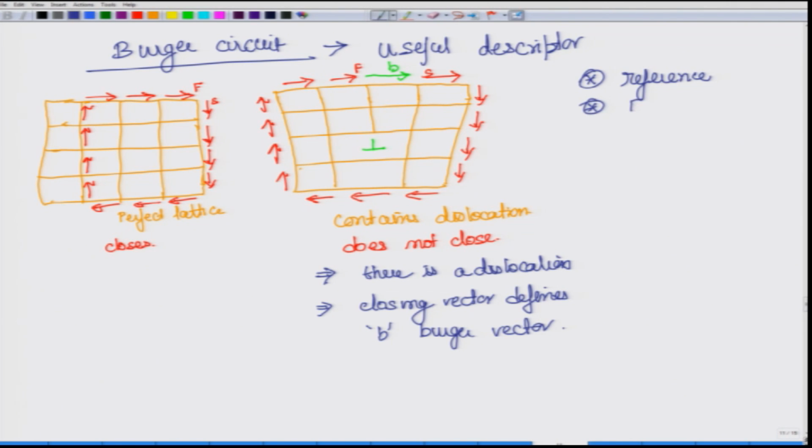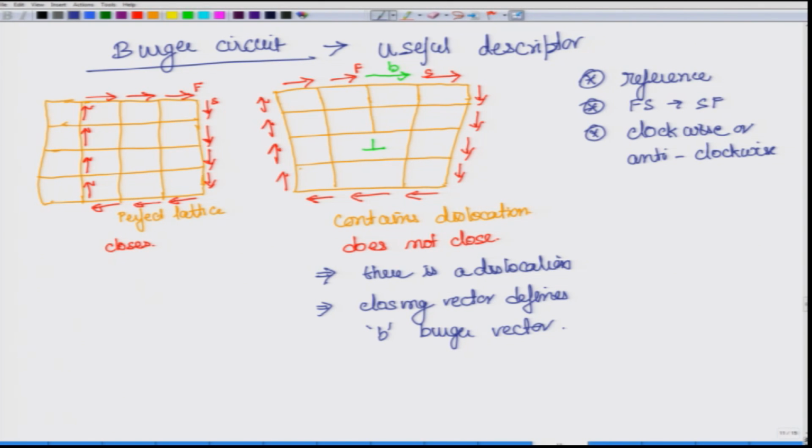Second will be whether you are talking about FS or SF, meaning finish to start or start to finish. For example, you could have drawn from here to here or here to here. Similarly, whether you want clockwise or anti-clockwise. So, you can see that depending on how you select these three parameters or conventions, your Burger vector direction would be different.